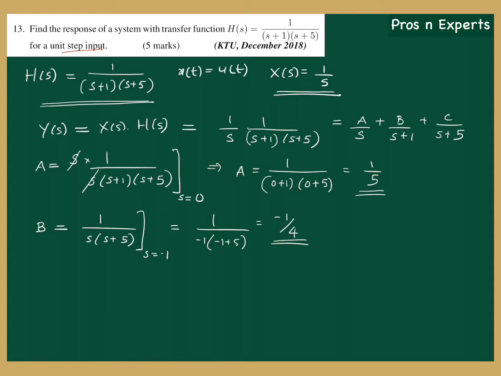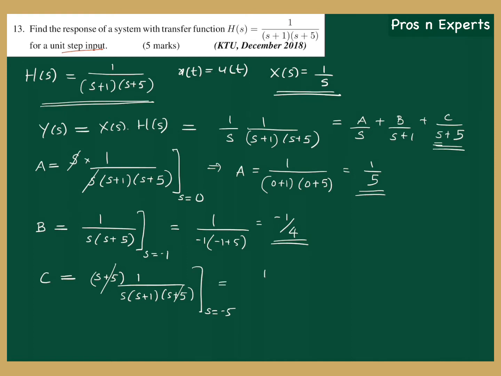Now one more constant is there, C. So C is (s plus 5) into the whole transfer function, evaluated at s equal to minus 5, which will make this term infinite.